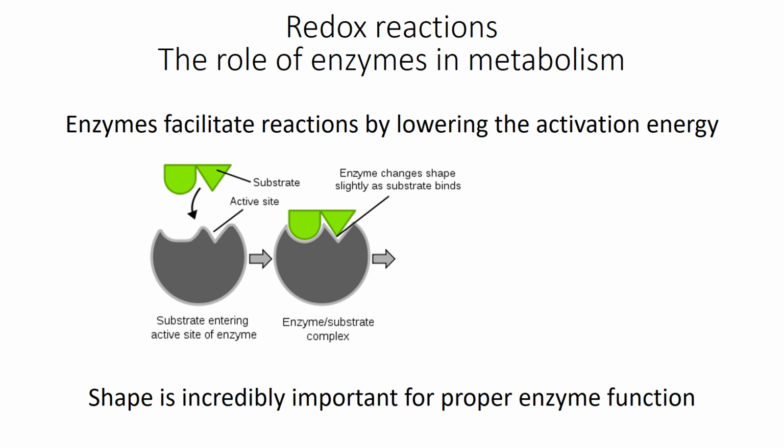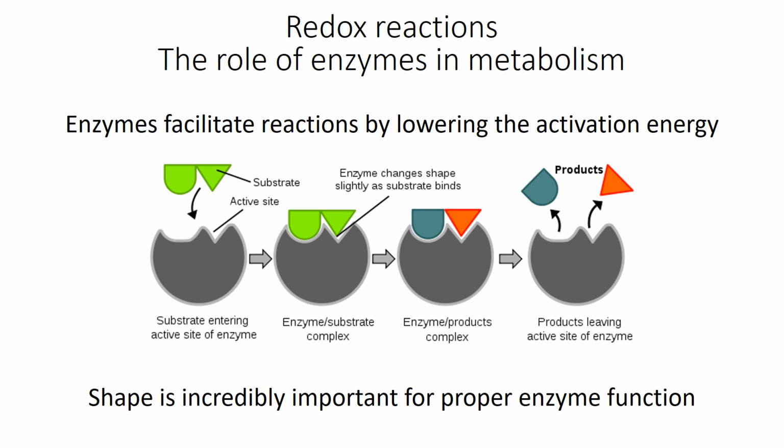Here's one thing that is incredibly important: shape. Without the proper shape, the enzyme doesn't work, and in fact, we have unique enzymes for very specific chemical reactions. When the enzyme changes shape once the substrate binds to it, it also starts to change the shape of the substrate, making it easier to break the bonds holding it together. Then the products are released.